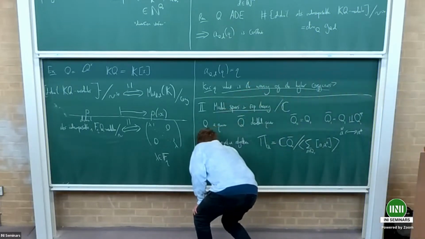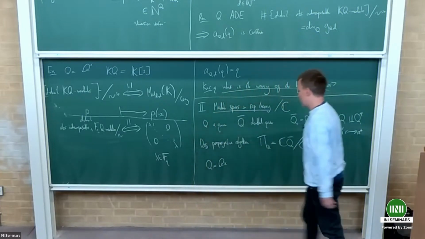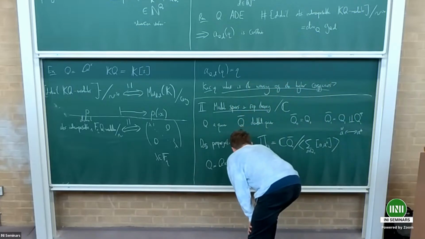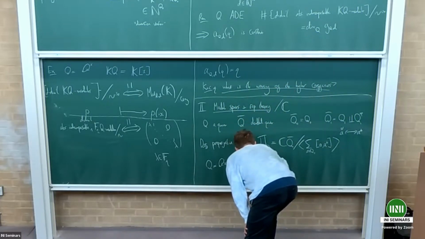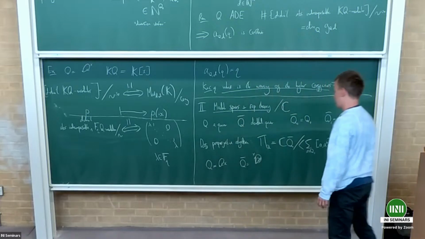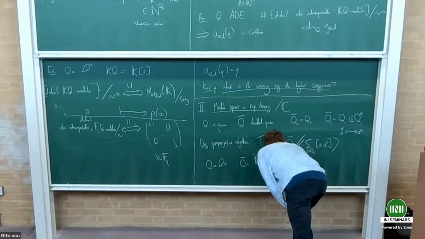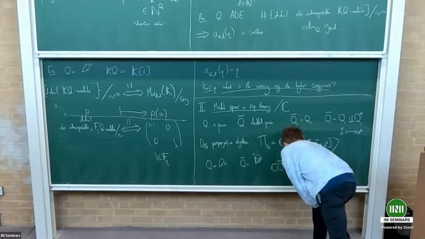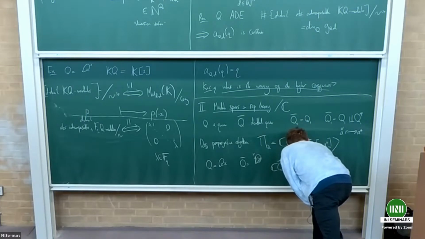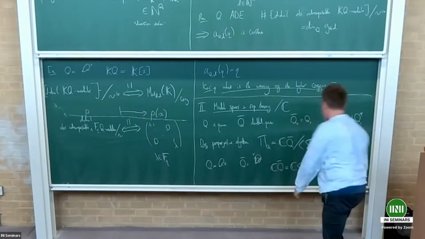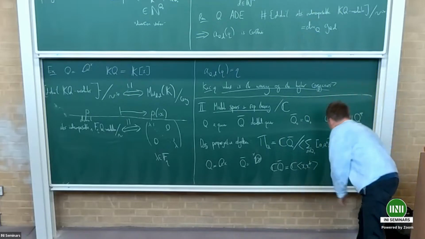So if Q is my Jordan quiver again, then Q bar is now got two loops, drawn a little bit too small, and the free path algebra of the doubled quiver is the polynomial algebra in two non-commuting variables.